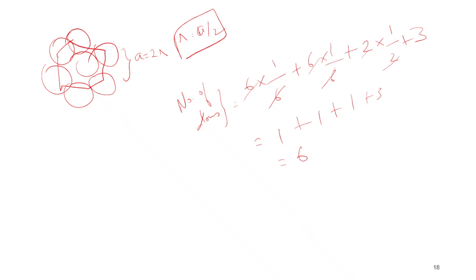Next, what else is there? We'll just write down this data separately. So R is equal to A by 2, the radius. What else did we find? The number of atoms is equal to 6 atoms.